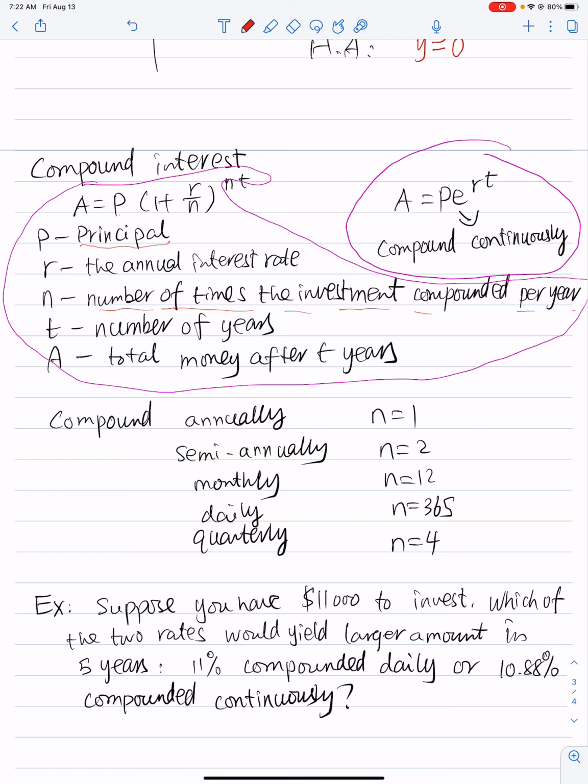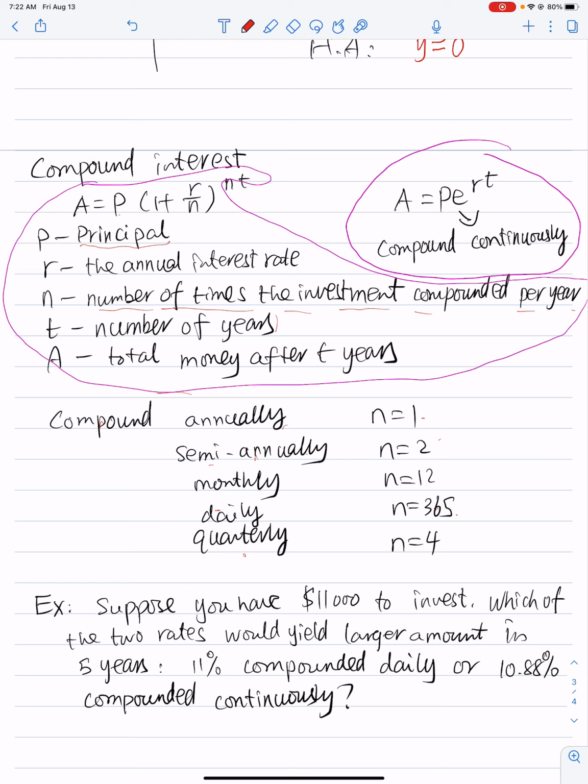Like if you compound annually, n equal to 1, semi-annually, n equal to 2, monthly, n equal to 12, daily, n equal to 365, quarterly, n equal to 4. t is the number of years, so it's always years. A is the total money after t years. So after 5 years, how much money you will have in total, including your principal and the interest.